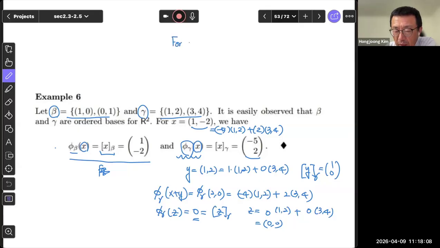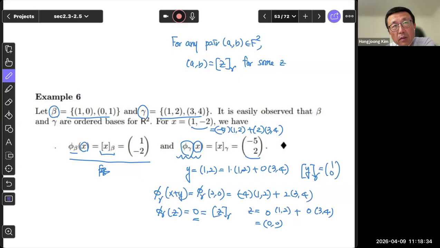I mean, for any pair, say AB in F2 space, this AB is the coordinate of certain z vector, right? For some z.